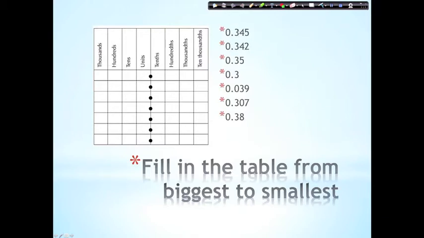The next column, the tenths column, we have 3s and we've got a 0. So we're going from biggest to smallest. So the biggest ones are going to be the ones that start off with 3. So for now I am going to forget about this one.